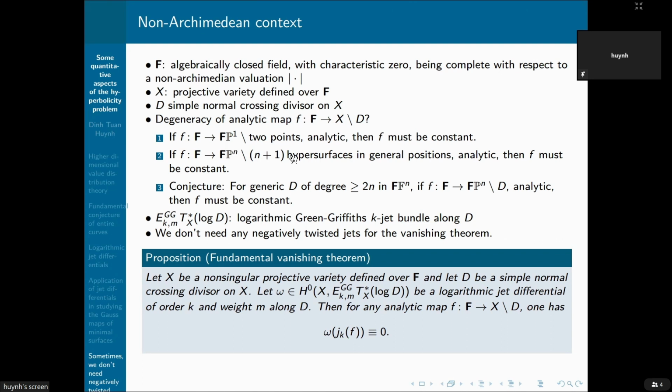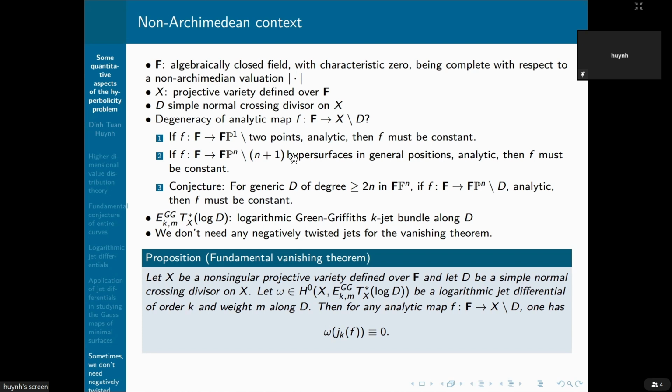But here we have better. We only need to require that it avoids 2 points. And if it avoids n+1 hypersurfaces in general position in projective space, then it must be constant. So this statement is much stronger than the one we have in the complex setting.